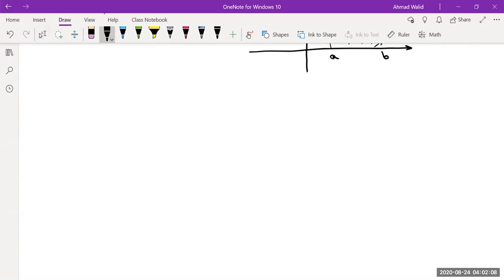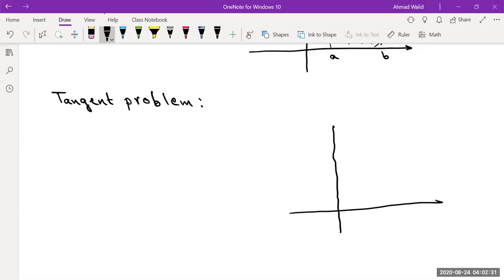Let's start now with a problem that we call the tangent problem. What is the tangent problem? For example, you have a curve. Let me draw a curve for you like this. And you have a point given on this curve.